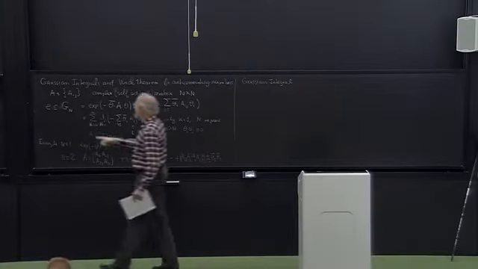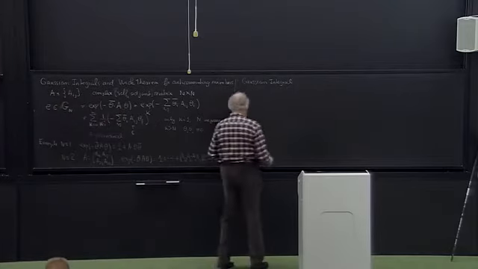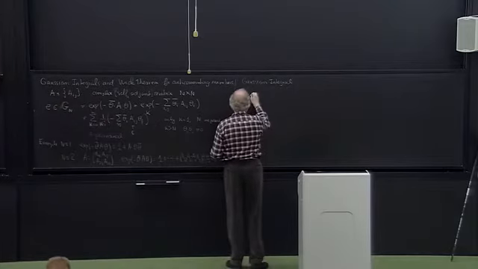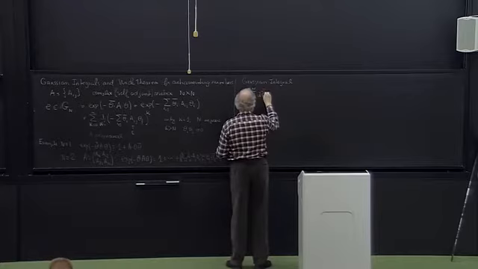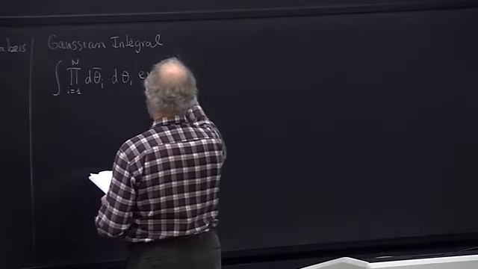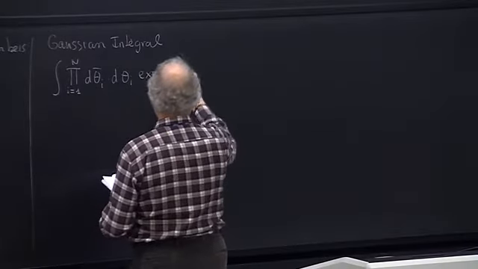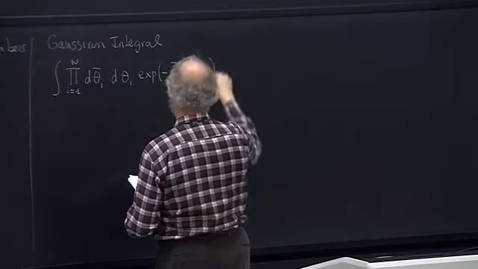I start from A, and I want to make this formal integration over the product from i equal 1 to n of d theta bar i times d theta i of the exponential of minus theta bar times the matrix A times theta.